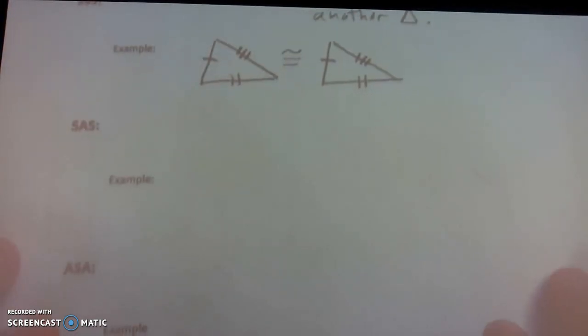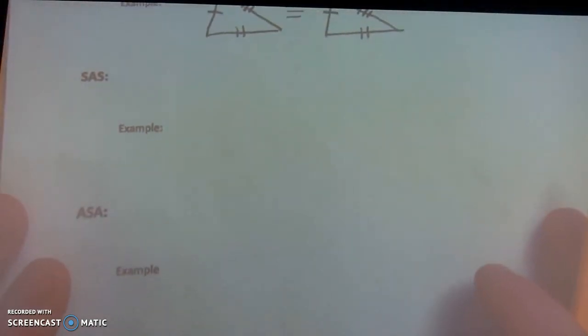Okay, next one there is SAS, or side angle side.